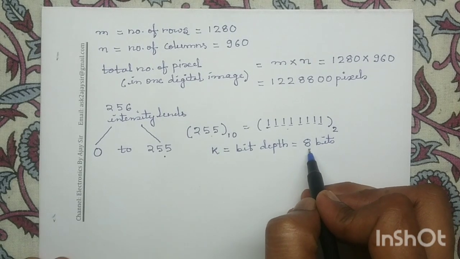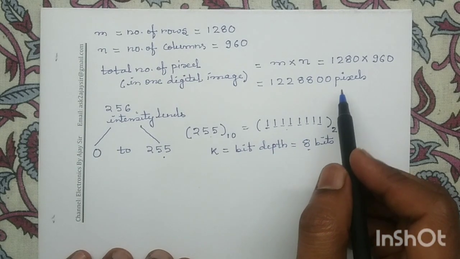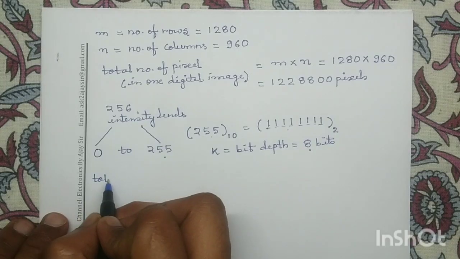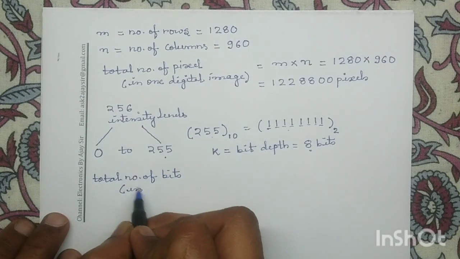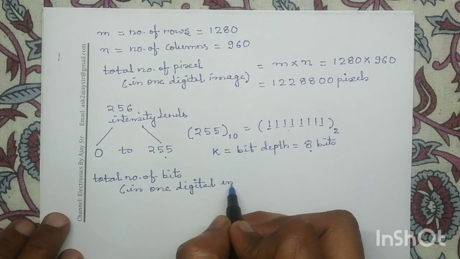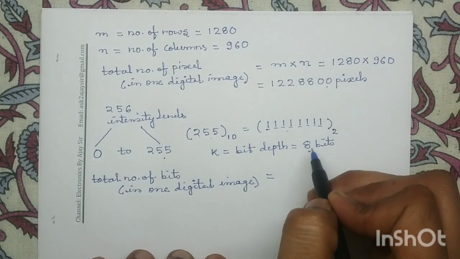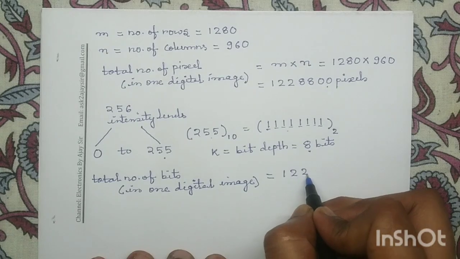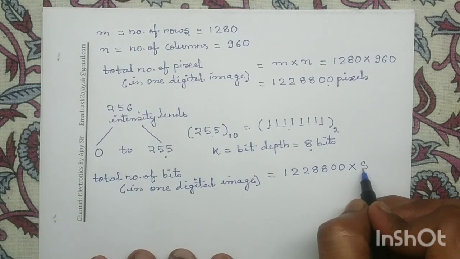Each pixel uses 8 bits, and in a digital image we have 1228800 pixels. So the size of a digital image, or in other words, the total number of bits in one digital image, is equal to the number of pixels in one digital image multiplied with the number of bits used by each pixel, that is 8.